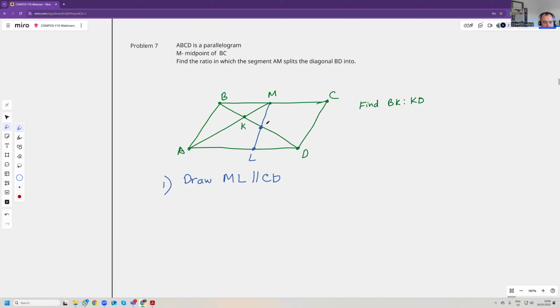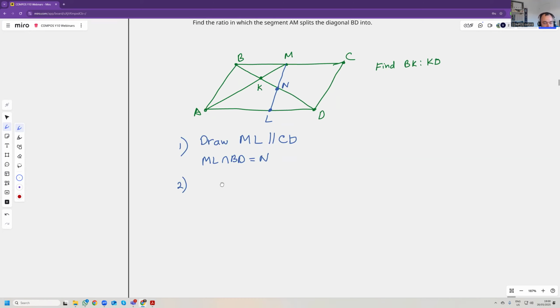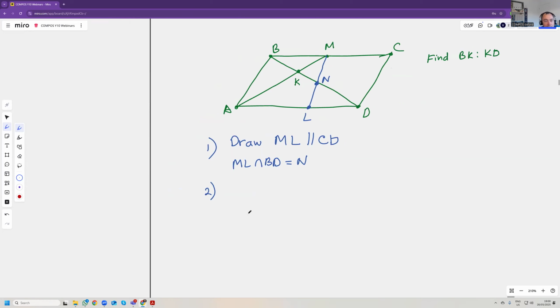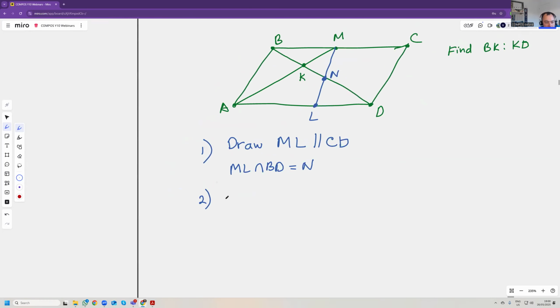And KLMN. So ML intersects BD at point N. Two.